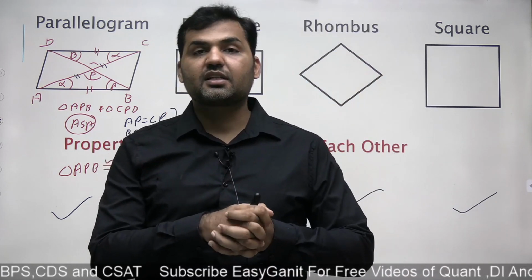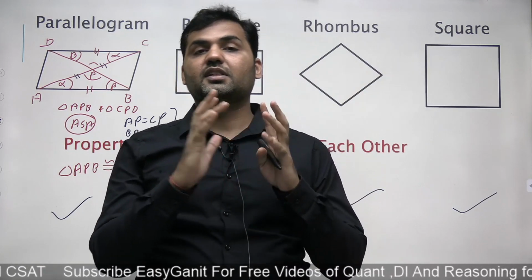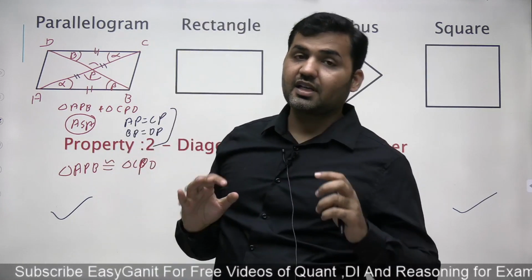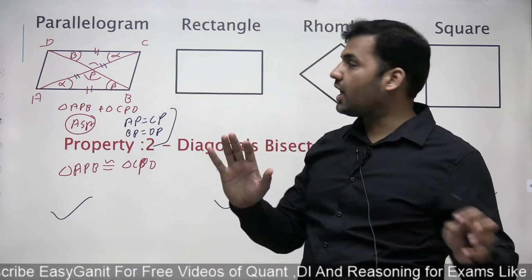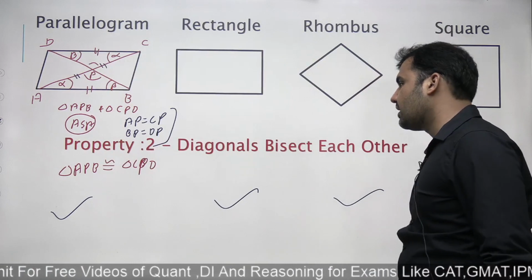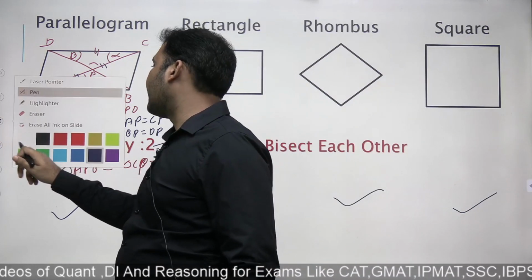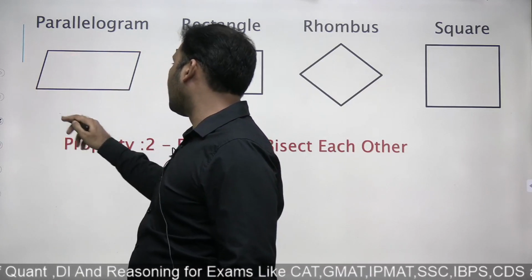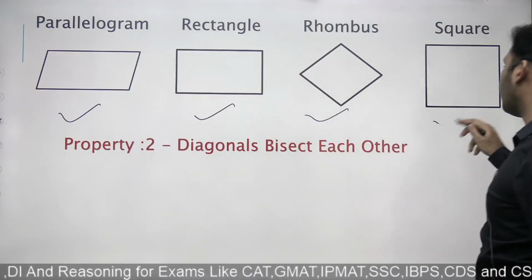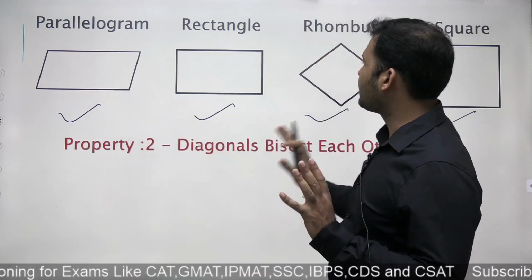Parallelogram के diagonals bisect करते हैं, rectangle के diagonals bisect करते हैं, राइट, रोम्बस के डायगोनल बाइसेक्ट करते हैं, स्क्वायर के डायगोनल्स बाइसेक्ट करते हैं. ये प्रॉपर्टी कॉमन है सभी चारों फिगर्स के अंदर. And why it is true, I have just discussed with you, right? So diagonals bisect each other, keep this in mind guys, is a property which is true for all of these four figures, right? Four properties in the previous slide, four here.